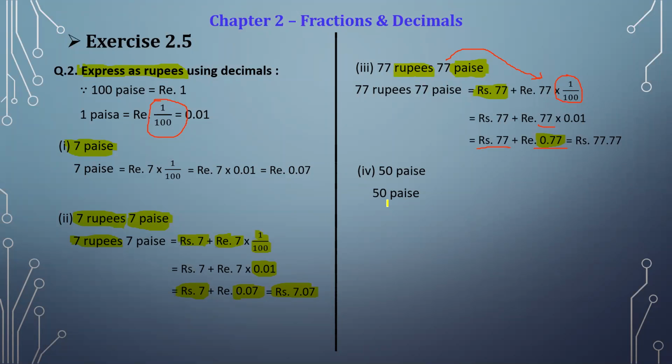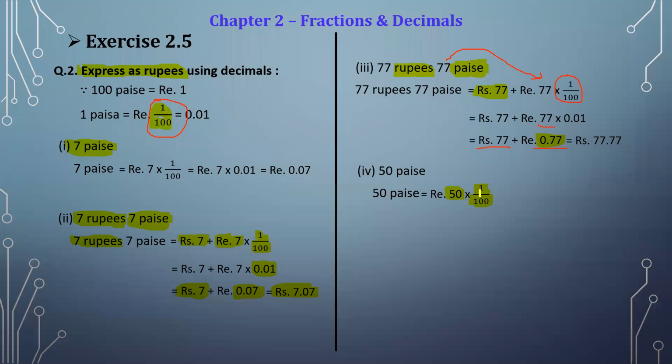So we have to multiply this 50 paise with the value of 1 paisa, that is 1 upon 100. So it is converted like this: Rs 50, that 50 remains as it is, into the value of 1 paisa, 1 upon 100.